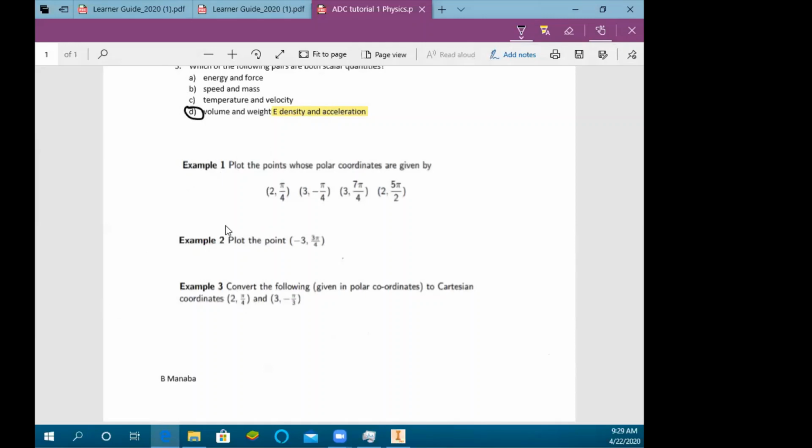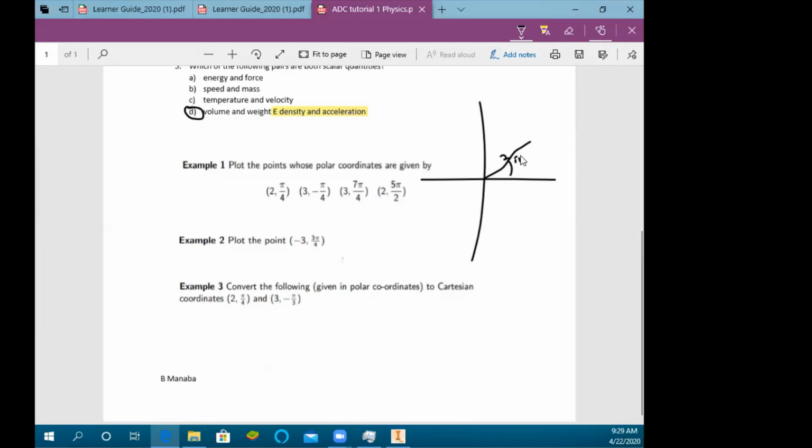Then example 1: plot the points whose polar coordinates are given by (2, pi over 4). Let's do that. These are polar coordinates, remember. In this case, this is 2, positive 2, and this angle is pi over 4.